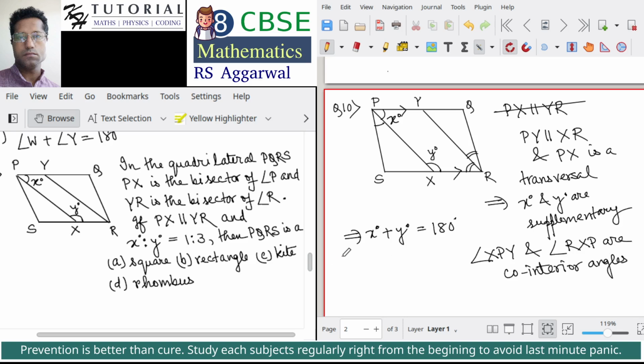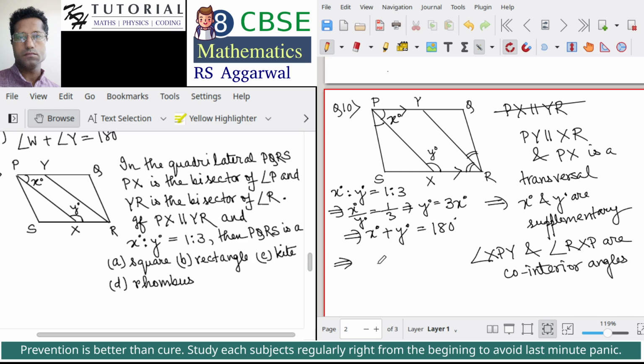Okay. Now it is also given that x degree to y degree is equal to 1:3. So this will imply that x degree divided by y degree will be equal to 1/3. This implies that y degree will be equal to thrice of x degree.